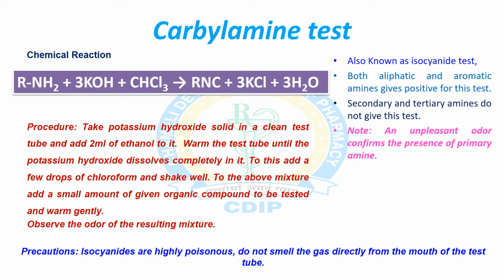Then observe the odor of the resulting mixture. If it is an unpleasant odor, which is the characteristic isocyanide odor, then the test confirms the presence of primary amine. One precaution you need to take here is that isocyanides are highly poisonous, so do not smell the gas directly from the mouth of the test tube.